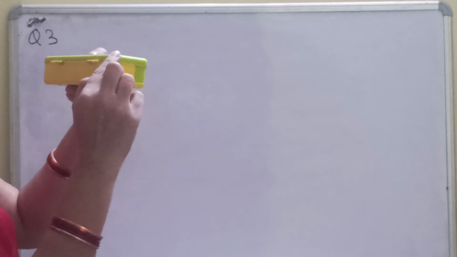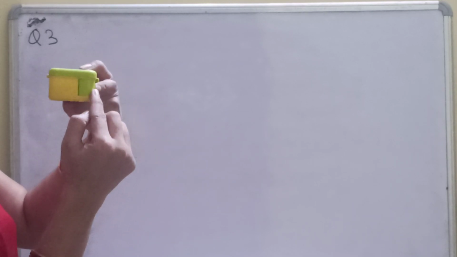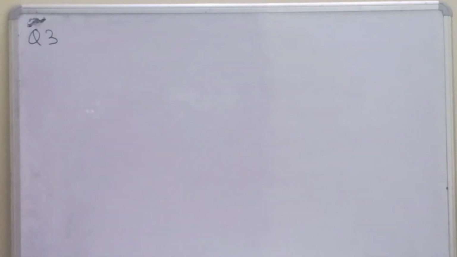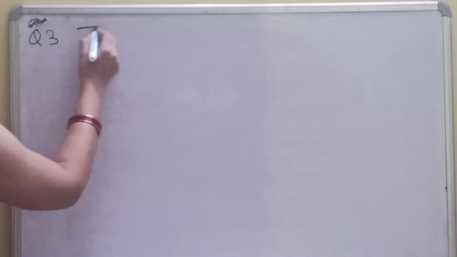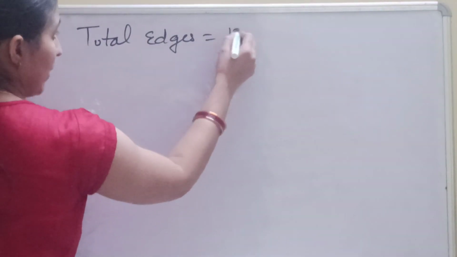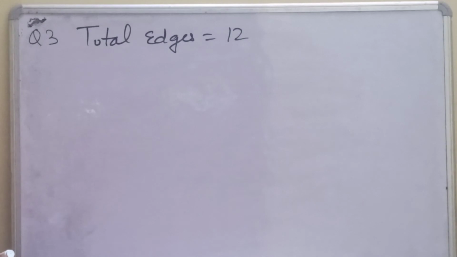These 8 edges. Then 9, 10, 11 and 12. This way 12 edges we are having in cube and cuboid. This is a cuboid. In cube you are having all sides equal. So total edges we are having 12. And in cube, keep in mind all edges are equal.